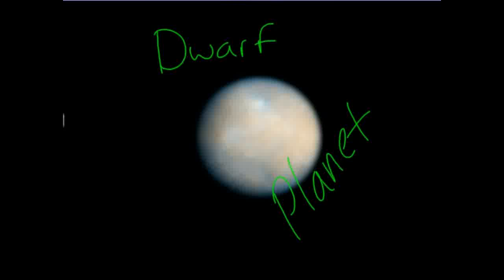It's going around the sun, and it's round because gravity has pulled in and made it round. But it hasn't cleared its orbit.